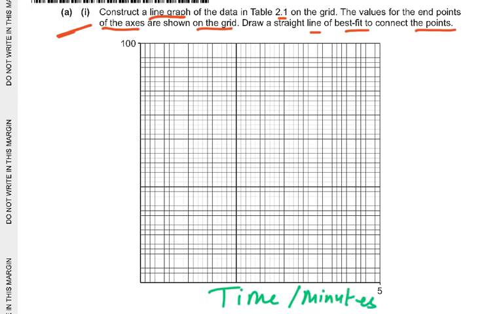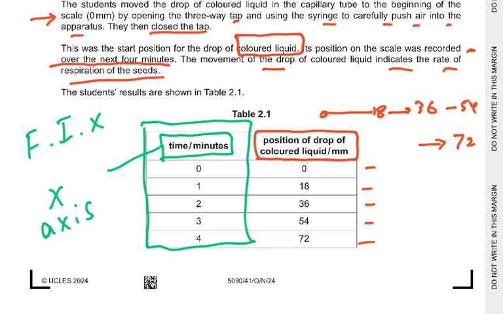and you will not do any abbreviations, please. Then you will write the next thing. This is position of drop of colored liquid in millimeter will go on the y-axis. This is always the rule.